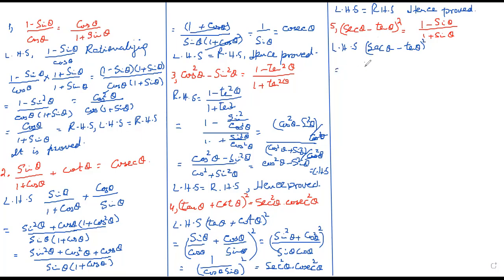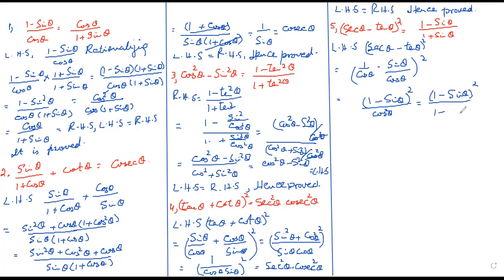So which is equal to 1 over cosine theta minus sine theta over cosine theta, the whole square. So it is equal to 1 minus sine theta, the square, divided by cosine theta, the square. So cosine square theta is 1 minus sine square theta. 1 minus sine theta, the whole square, divided by 1 minus sine square theta.